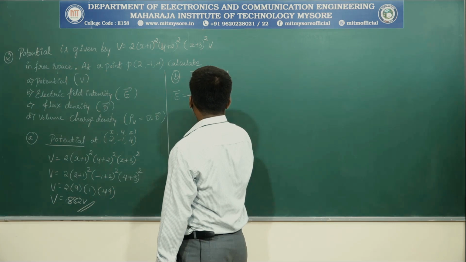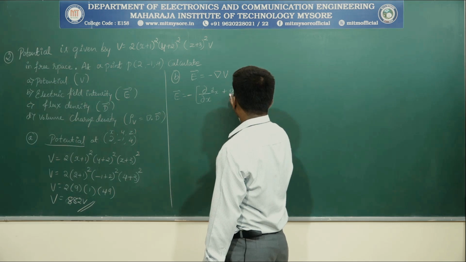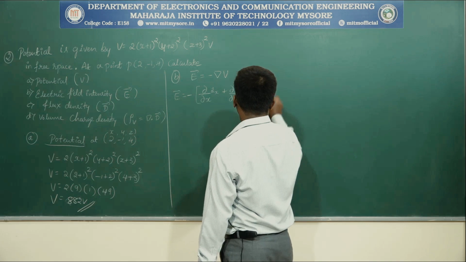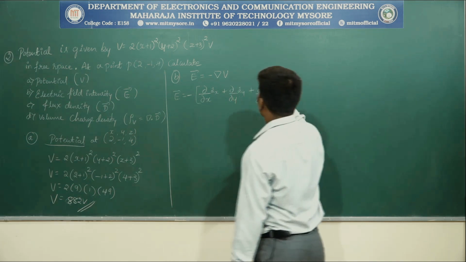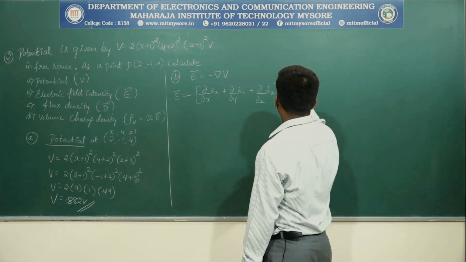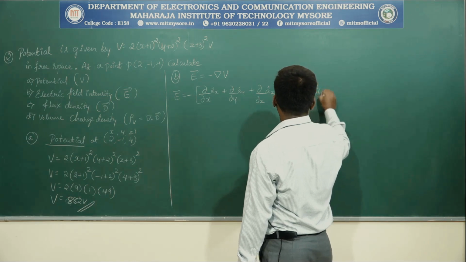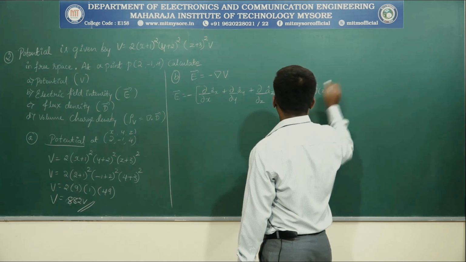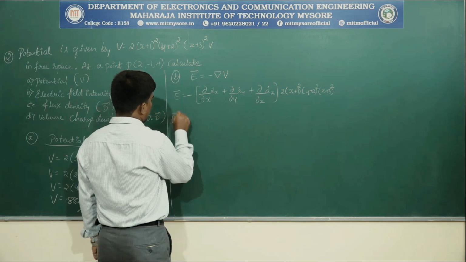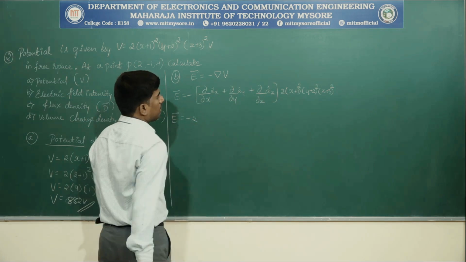Dou by dou x a cap x plus dou by dou y a cap y plus dou by dou z a cap z into V. What is this? 2 into x plus 1 whole square, y plus 2 whole square, z plus 3 whole square. Now take it inside. What we are going to get? E is equal to minus 2 will be coming outside.